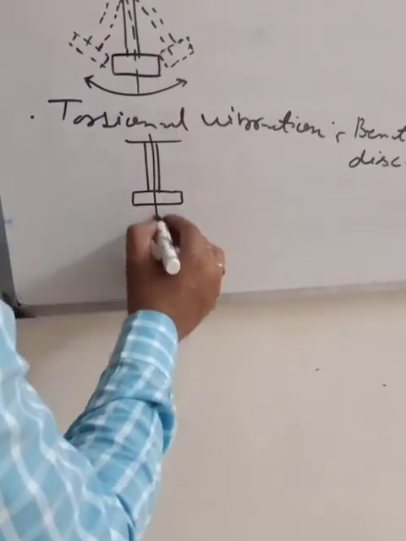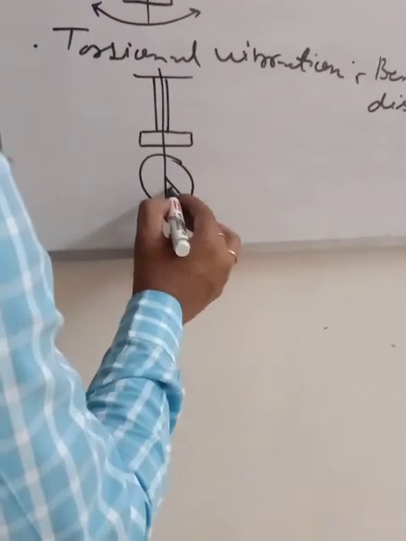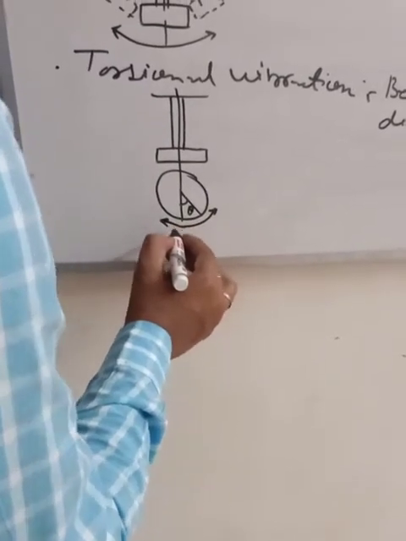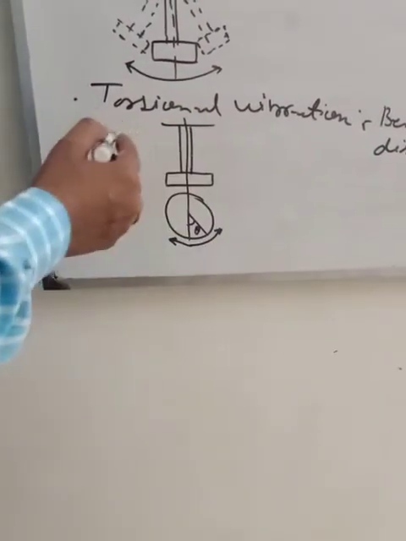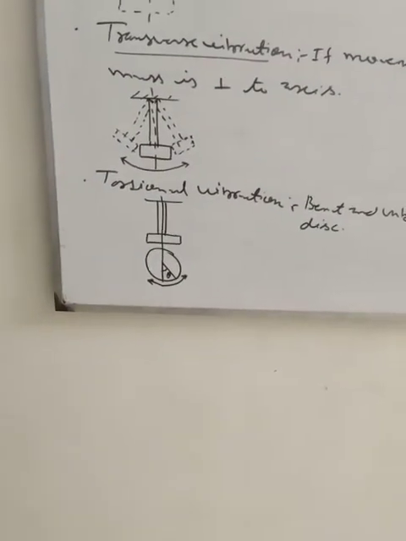If this is the disc and we give some angular displacement, it will twist and untwist. This type of vibration is known as torsional vibration.